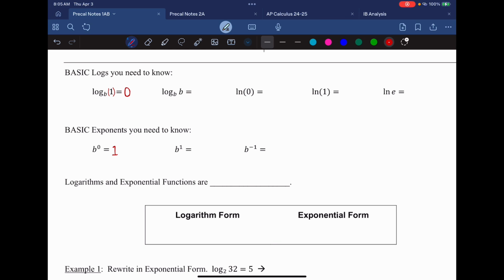Anytime you are taking a log and your base and your argument are the exact same, the value is 1, because any base raised to the first power stays the same base.